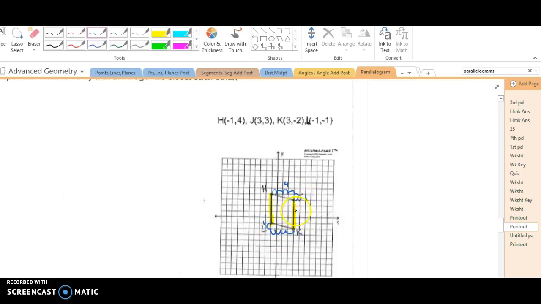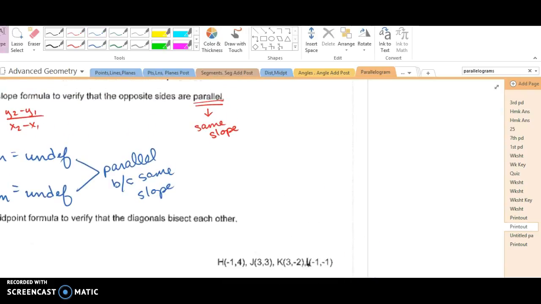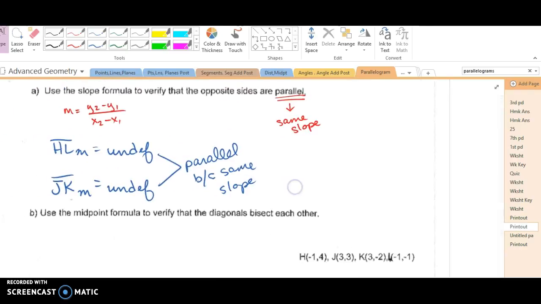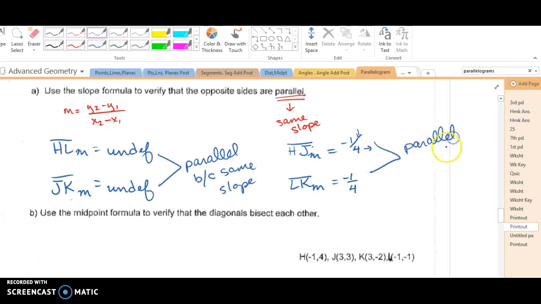And since we're going down, remember that we represent those as negative slope. So down 1 over 4. They did both have a negative 1/4 slope, so they must be parallel because same slope.